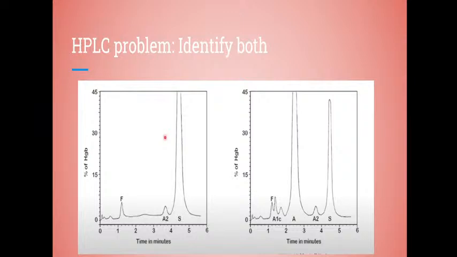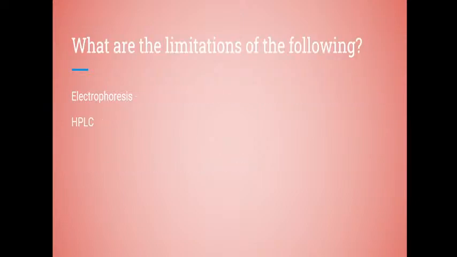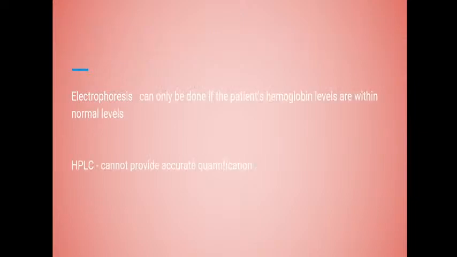It doesn't mean, oh my God sir, our patient is abnormal because they still produce F and A2. No. That is what we consider a normal value. That's why, as you saw earlier, there are limitations. It cannot provide accurate quantification.